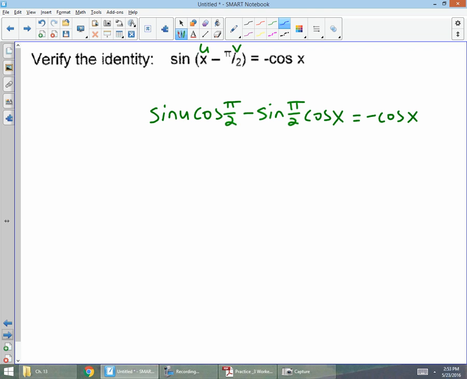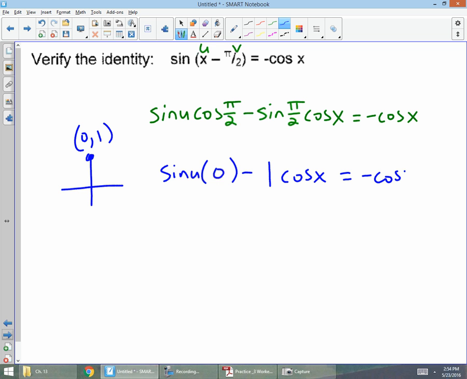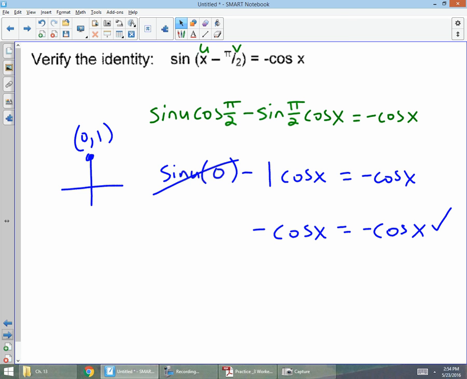What is the cosine of pi over 2? Cosine of pi over 2 is 0. The sine of pi over 2 is what? 1. And this part right here is nothing. It's a big fancy version of 0, leaving behind negative cosine of x equals negative cosine of x, which is exactly what you wanted.